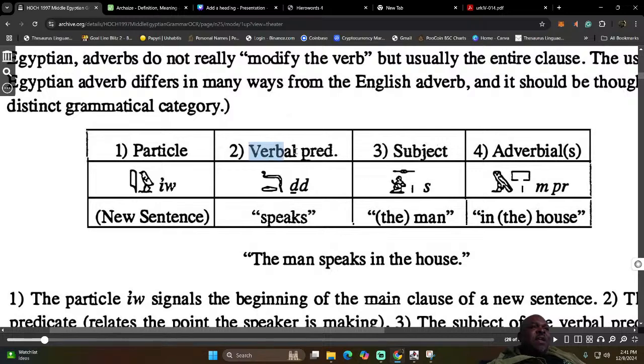It's going to be followed by the verb or the verbal predicate, which is to speak, then the subject, the man, and the adverbial comment, in the house. So it's the man speaks in the house. But since their word order was different, the verb goes before the man. We say the man speaks, but they say speaks the man in the house.